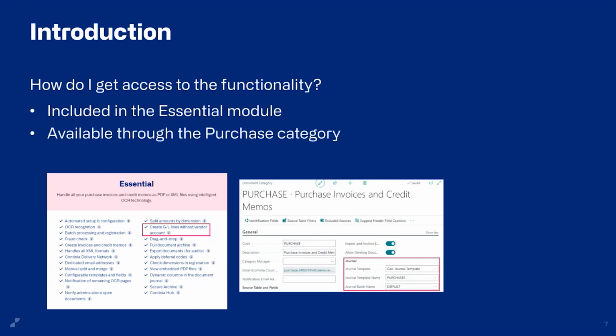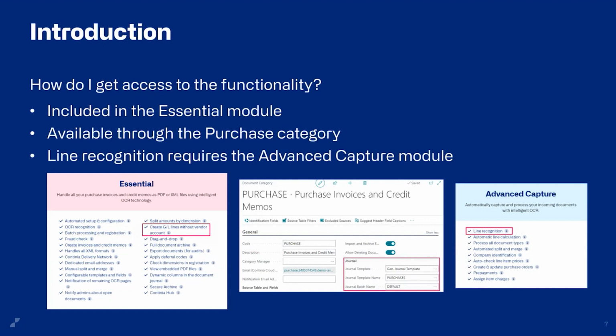The journal postings are handled through the purchase category. As you can see here to the right, the image shows that we need to go in and configure a few settings in order to tell the category where to ship those new lines.